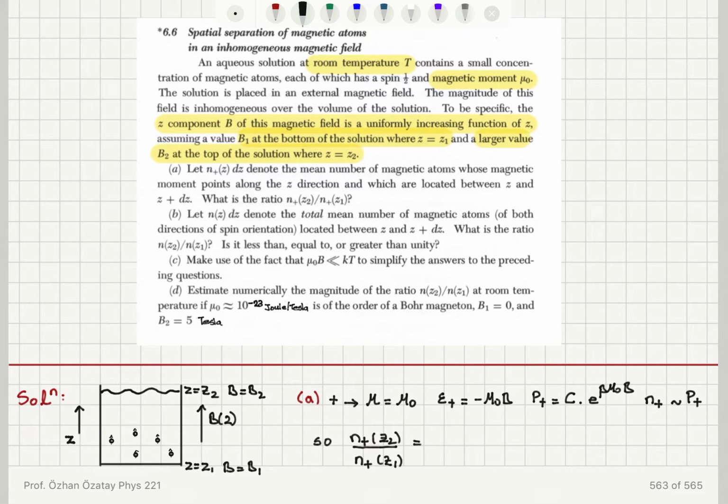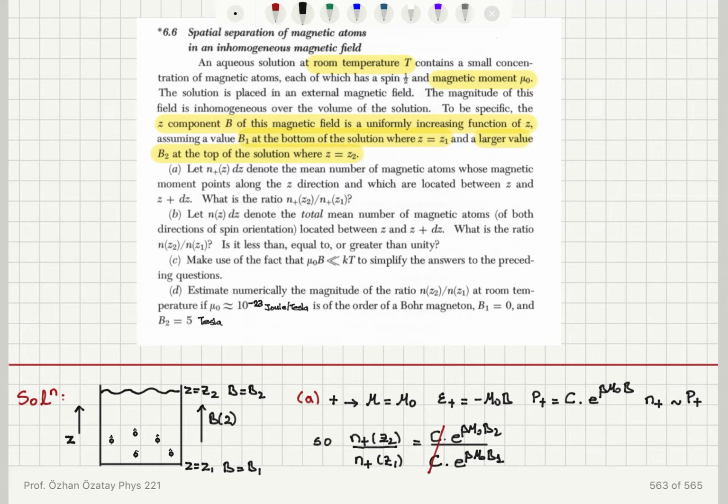We have the first one proportional to e to the beta μ0 times the value of the magnetic field at z2, which is b2. And in the denominator I have e to the beta μ0 b1, the value of the magnetic field at z equals z1.